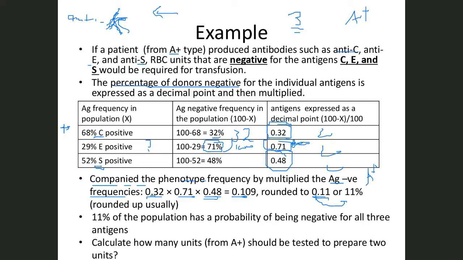So from 100 A positive, how many do I expect to find compatible? Excellent. I expect from every 100 units about 11 lacking all of these antigens.